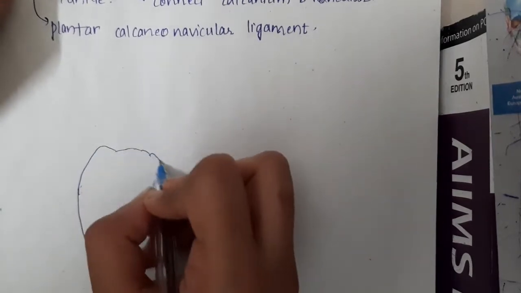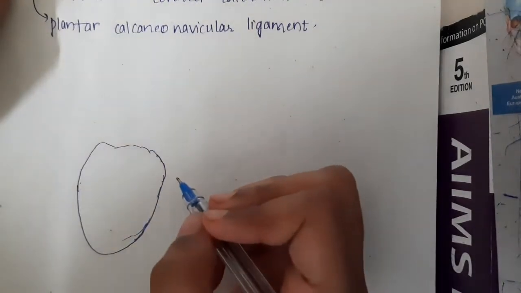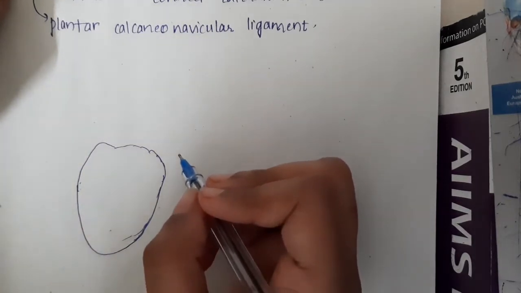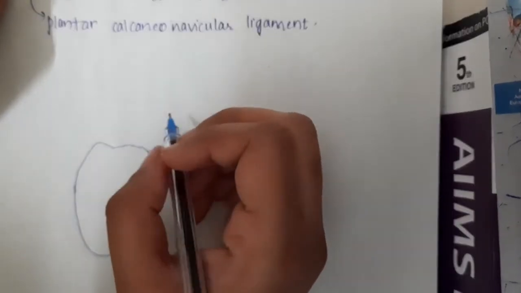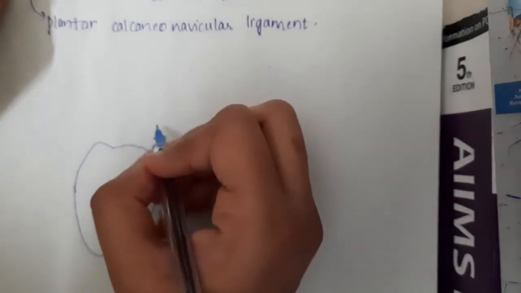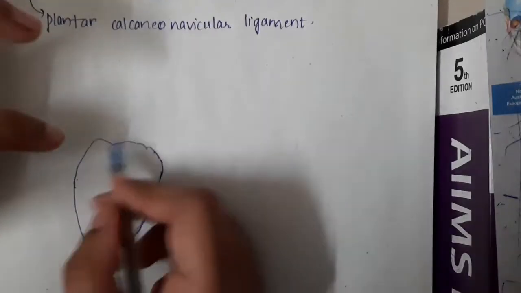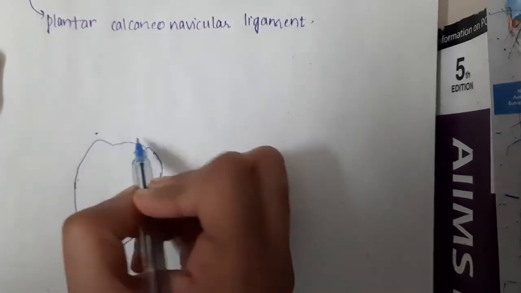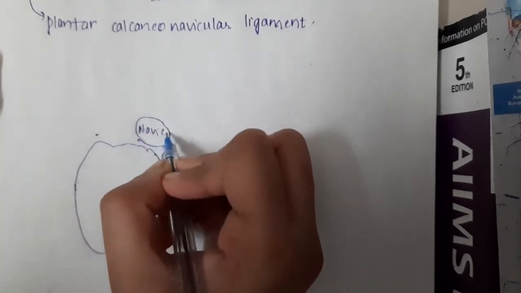This is the calcaneus with the tubercle of the calcaneus. After the calcaneus you will have the navicular bone.